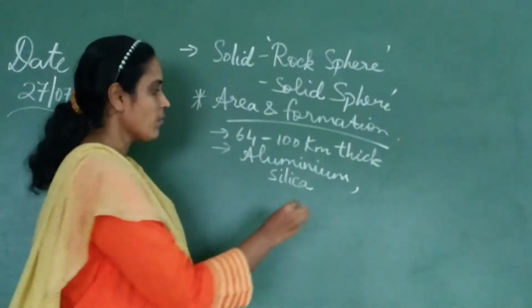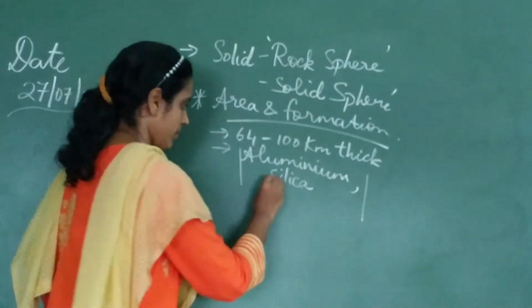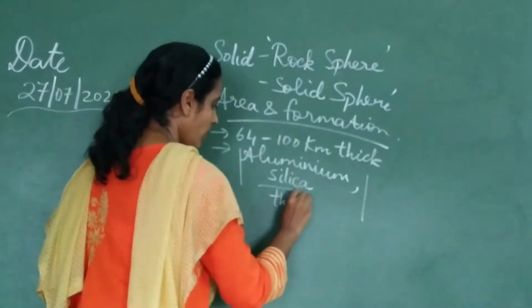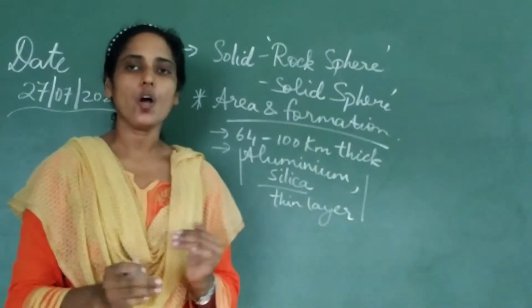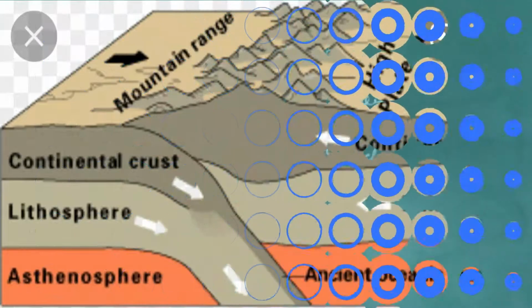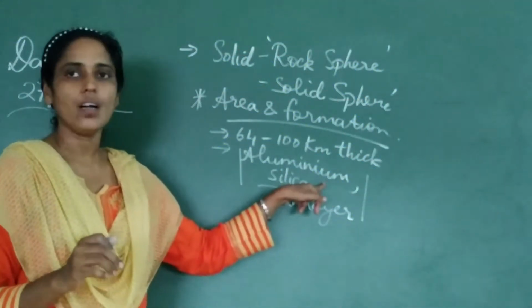But when you go into the deep sea, both these things are found in a thin layer. So lithosphere consists of hard substances like rocks, in which you have light metals like aluminium and silica.